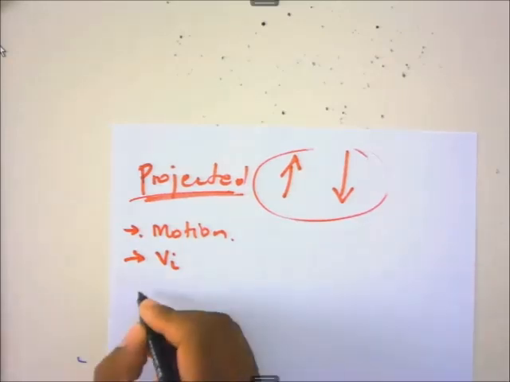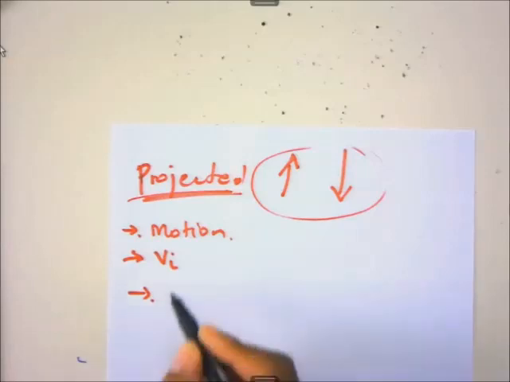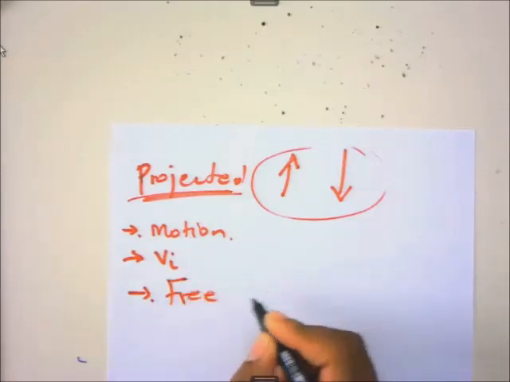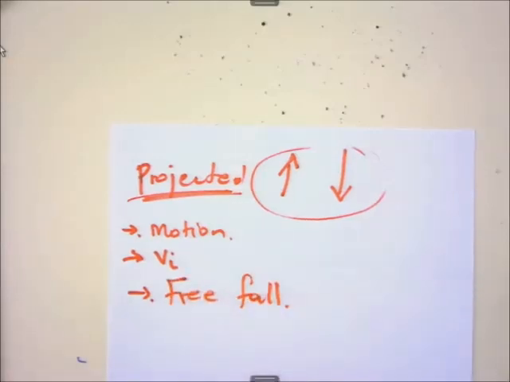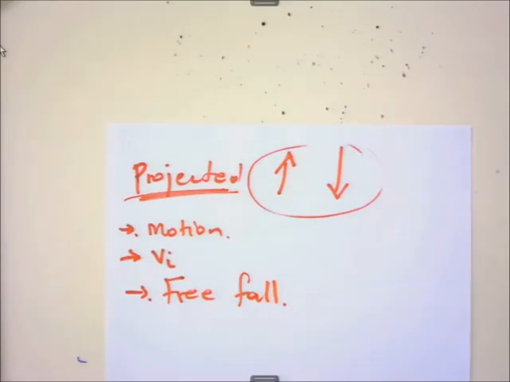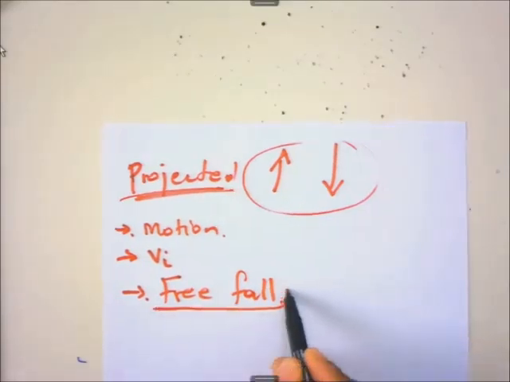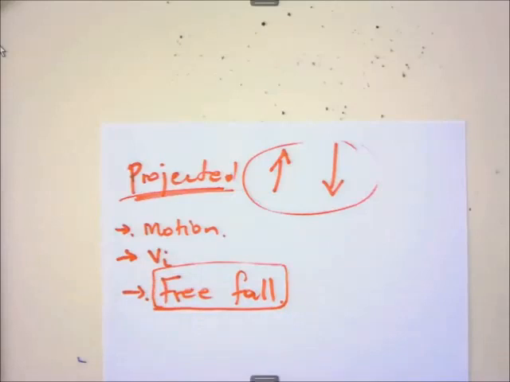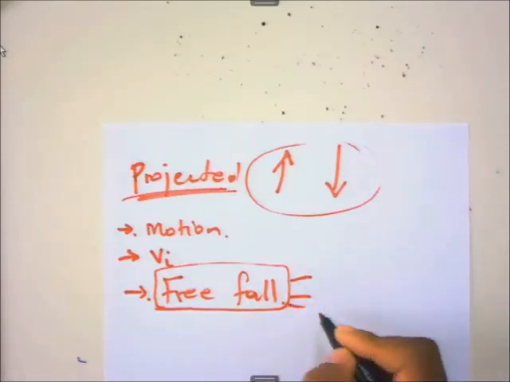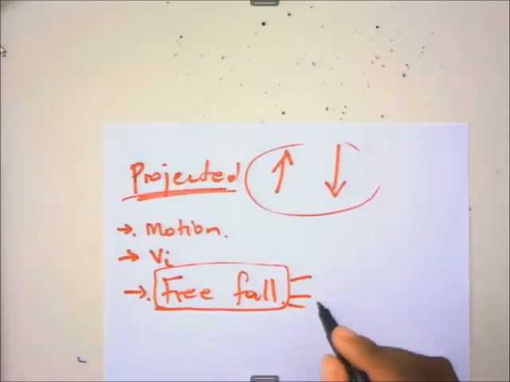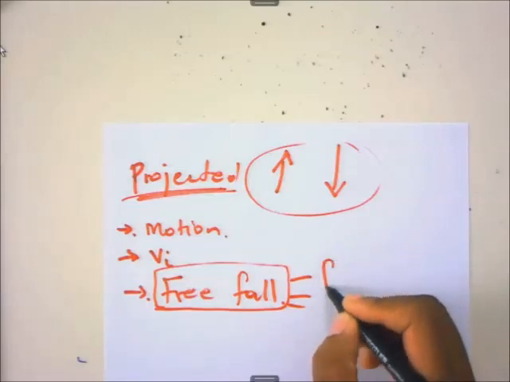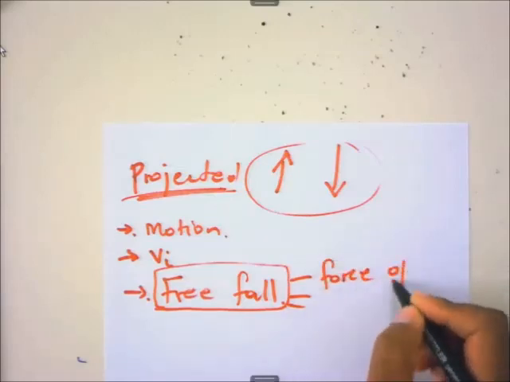Now, the other thing that is very important, I know that your teacher told you that this object will be in a free fall state, but it will only be in a free fall state when there is no other force acting on this object except the force of gravity.